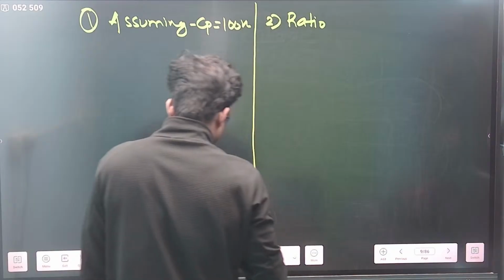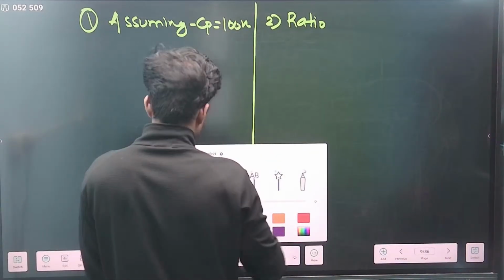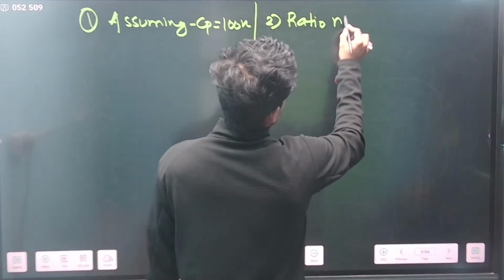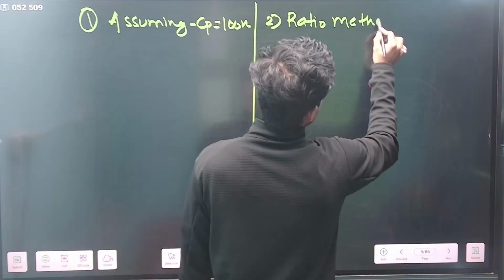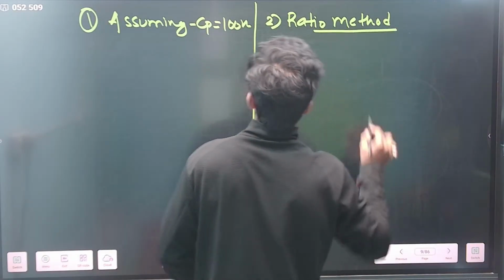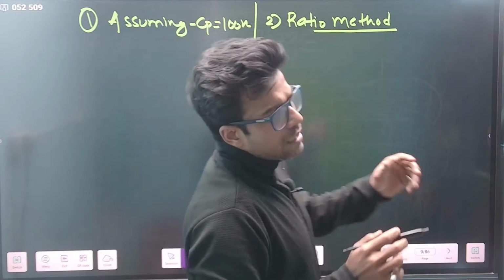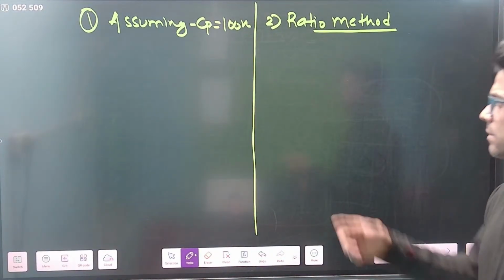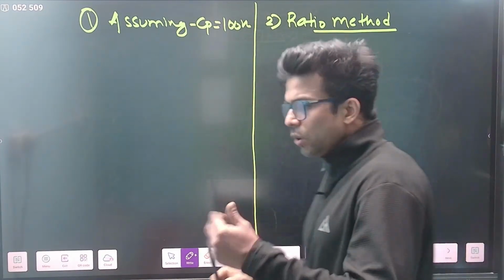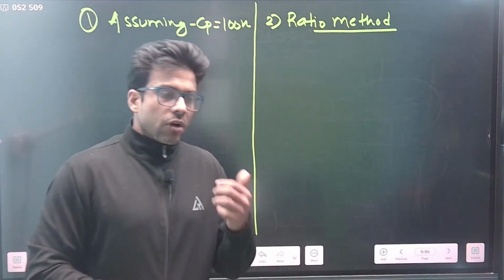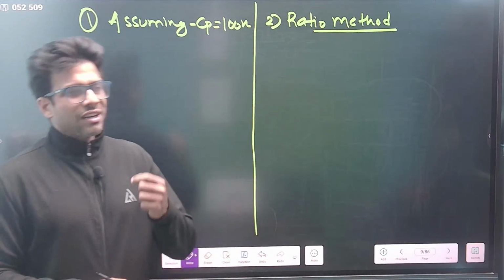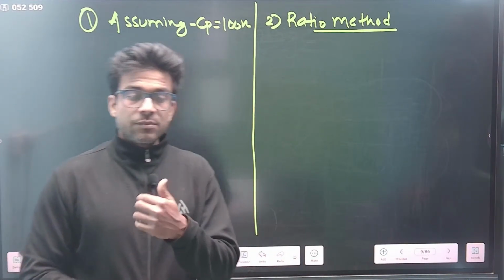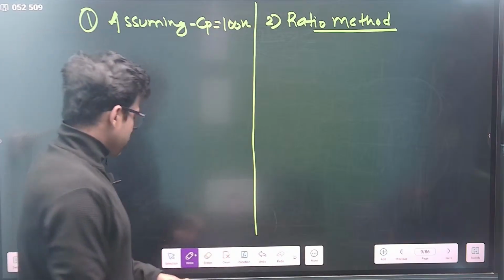Every method has its own importance. You cannot say this is good or this is bad, but you should know what kind of concept is being used in such kinds of problems. That's why I'm guiding you.